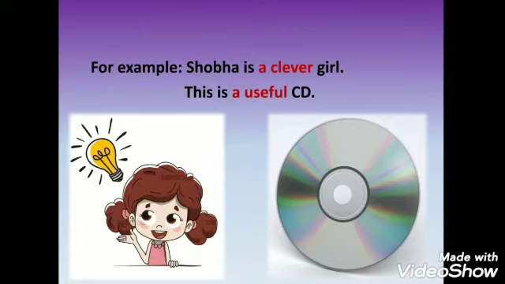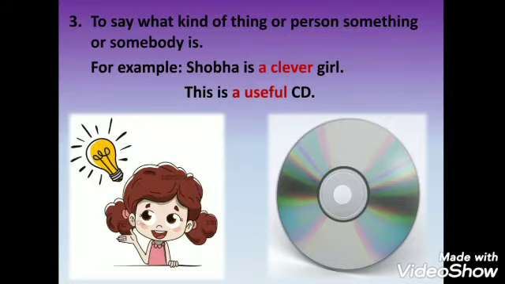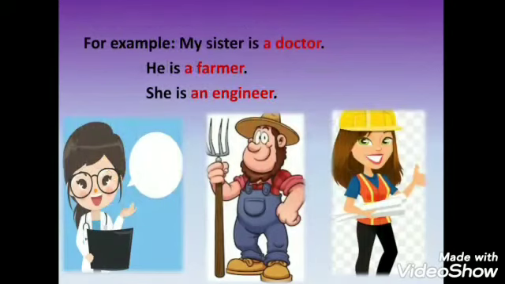So here we get our third point, that is, we use a or an to say what kind of thing or person, something or somebody is. Now here are the examples through which we will get our fourth point. My sister is a doctor. He is a farmer. She is an engineer. Doctor, farmer, engineer.